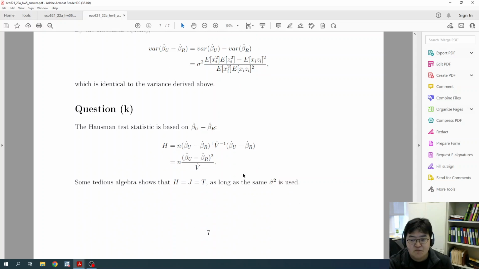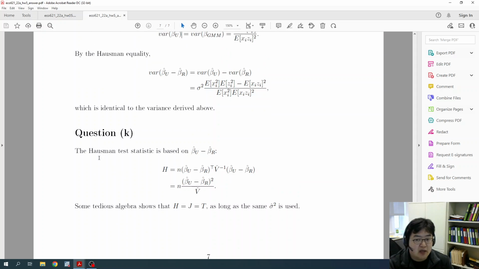Finally, based on this asymptotic variance, your Hausman test will be a standardization of this using this variance: the quadratic form with the inverse variance. And remember, beta is a scalar here. We have only a one-dimensional parameter, so you can simply use a square and fraction instead of an inverse and quadratic form.